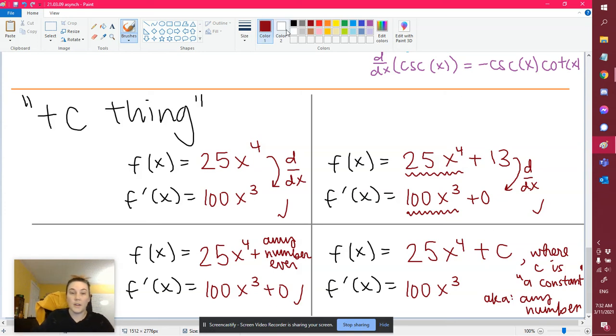And this is why we put plus c at the back of every integral, right? Because it's a valid answer, and it represents all valid answers.